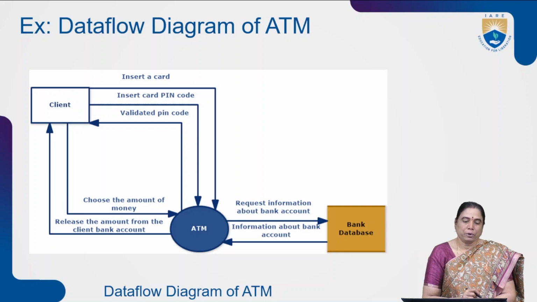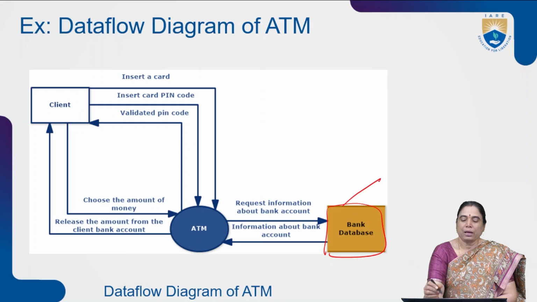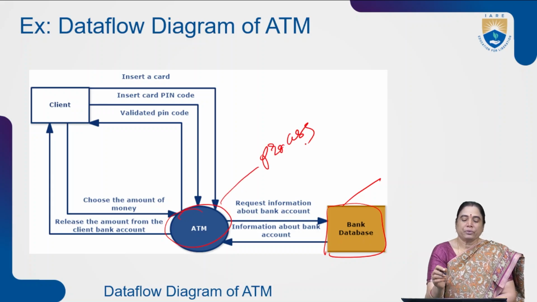Consider an example of a data flow diagram of an ATM. The basic notations used in a data flow diagram are the rectangle, which is used to represent external entities, and the oval, which is used to represent the process. How these stakeholders, the external entities, interact with the system is modeled with the data flow diagram.